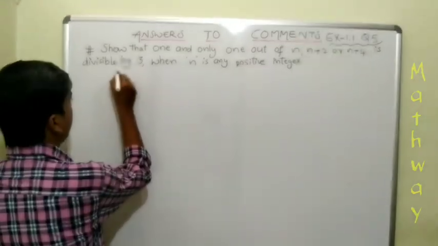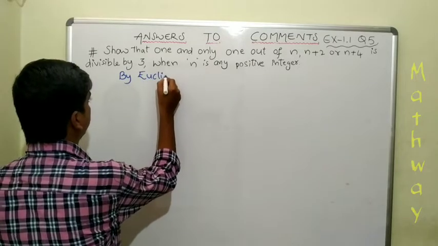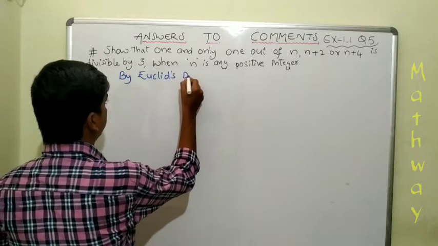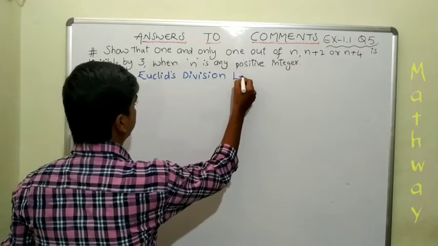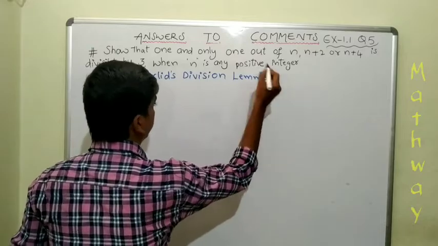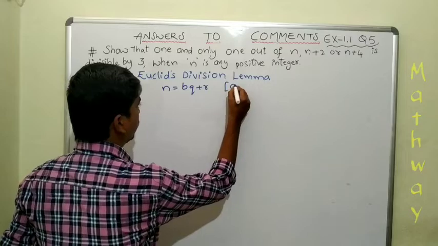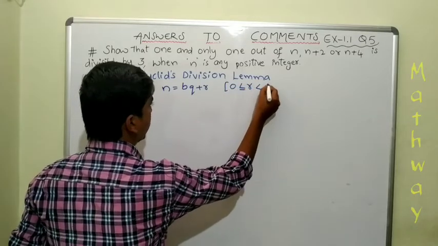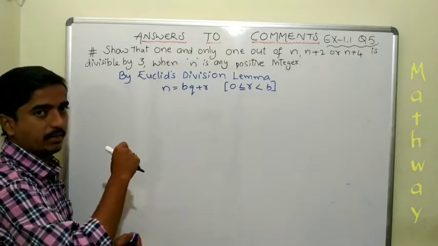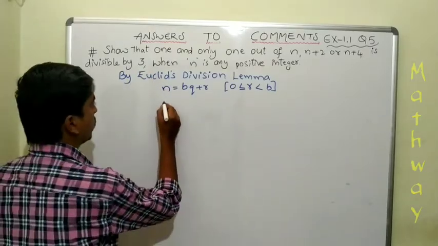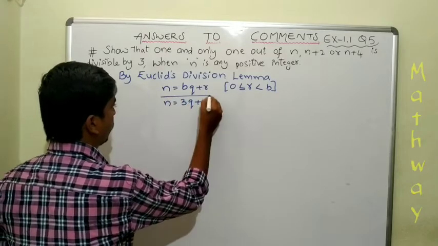So by Euclid division lemma, we can write n equals to bq plus r where 0 less than or equals to r less than b. So here b is 3 because we are checking whether the number is divisible by 3 or not. So we can write n equals to 3q plus r.